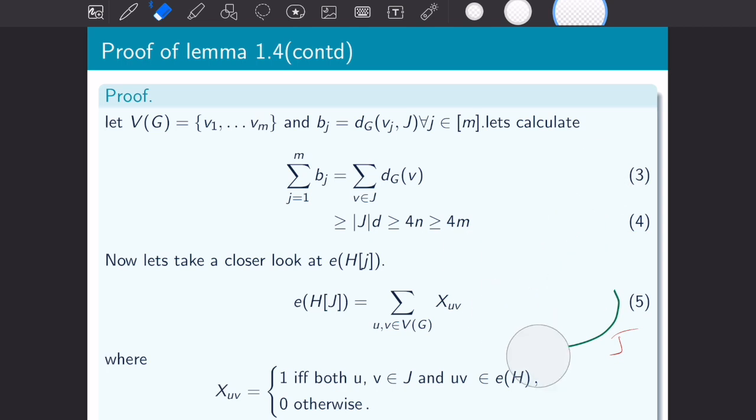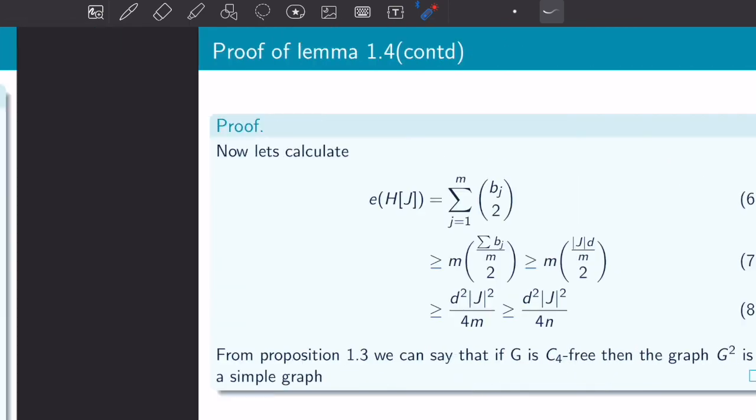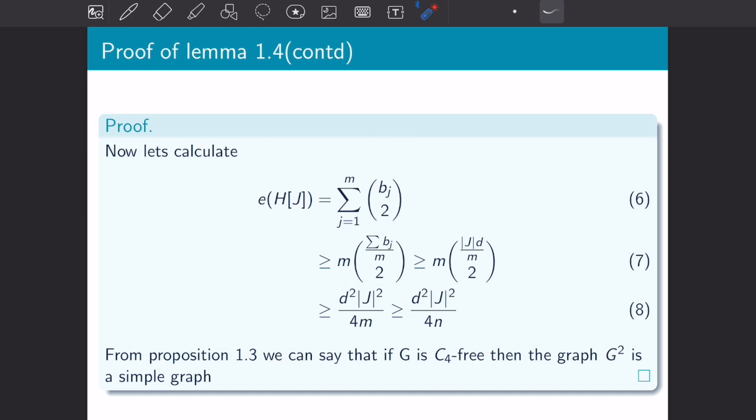This is denoted by an indicator random variable X_uv, where X_uv is one only if there is an edge between u and v and both u and v belong to J, and zero otherwise. Using this we can calculate the value of E of H of J. Let's calculate the actual value.